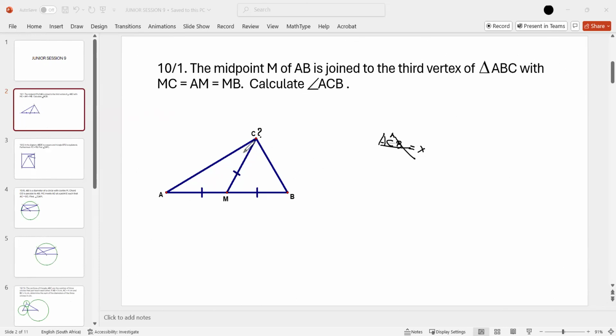So this angle, which is opposite that stroke, is equal to this angle, which is opposite that stroke, and we are looking at the left-hand triangle. Let's call this X here. We'll give a name to this because we know that these two angles are the same, so we can put X, X.